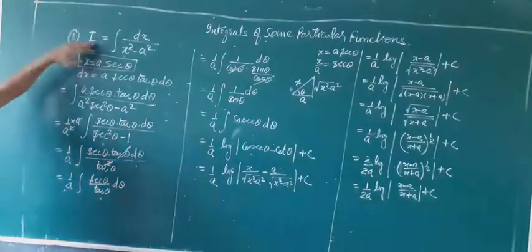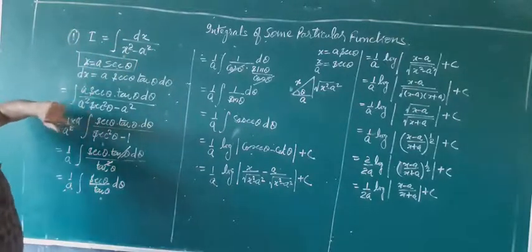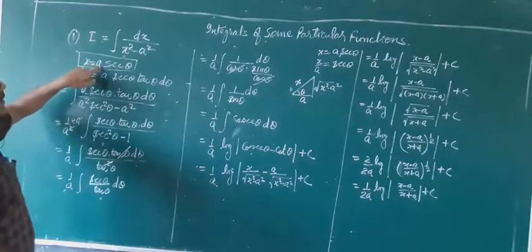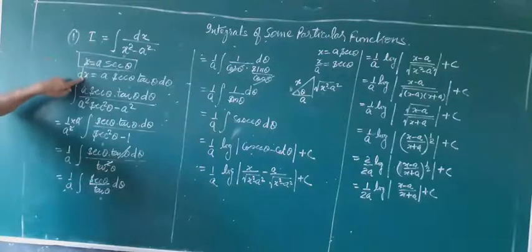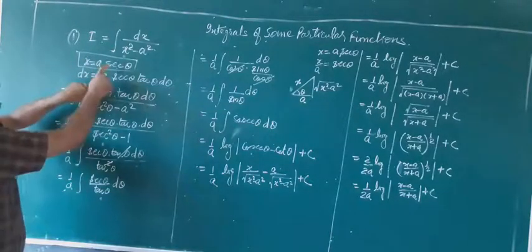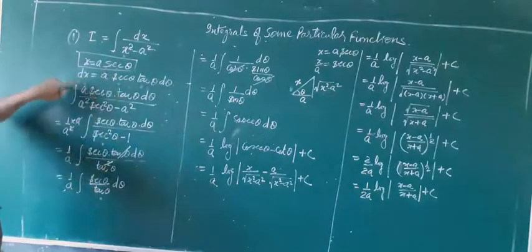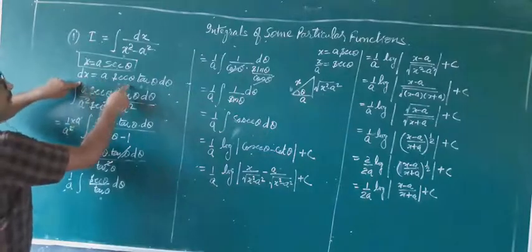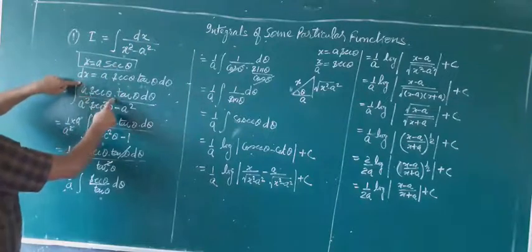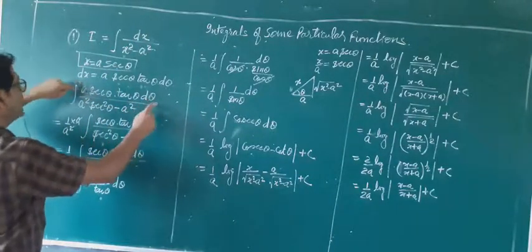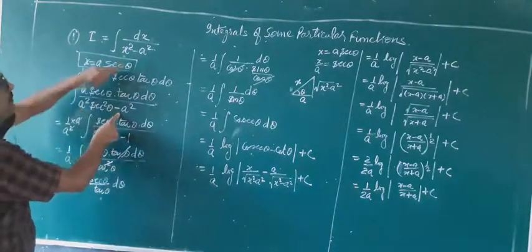Now we have to integrate 1 upon x square minus a square. We put x is equal to a sec theta and differentiate it, so dx is equal to a sec theta tan theta d theta, since the differentiation of sec theta is sec theta tan theta d theta. We put this in. It becomes a sec theta tan theta d theta upon a square sec square theta minus a square.